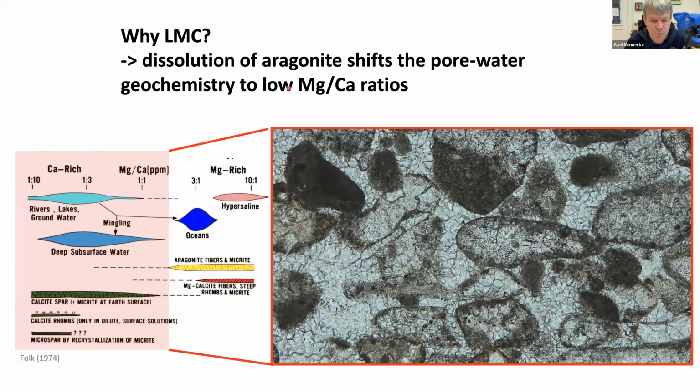That's why the pore water chemistry shifts, and the cements that precipitate from this pore fluid look like freshwater cements, but are actually not. This was already known by Folk. It was nicely shown by Leslie Melim when she investigated the drill cores from the Bahamas. This is one of her samples here. Super nice cements that have never been exposed to, or never seen, a single drop of fresh water.